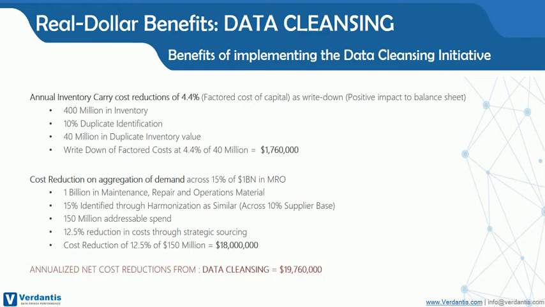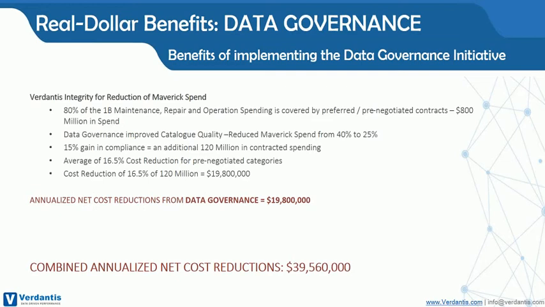So out of an initial spend of 1 billion, we're looking at about 19.7 million in savings. With the improved data quality associated with the MDM effort, they were able to republish their item master.